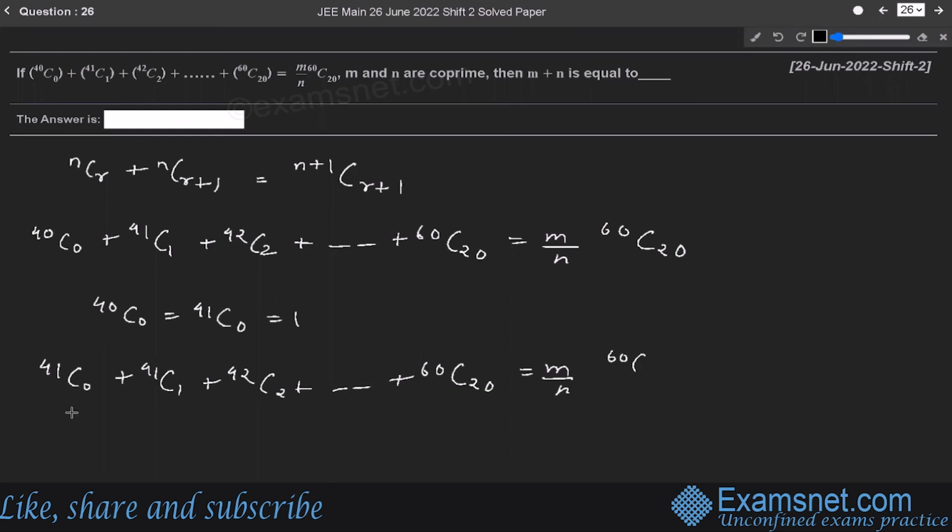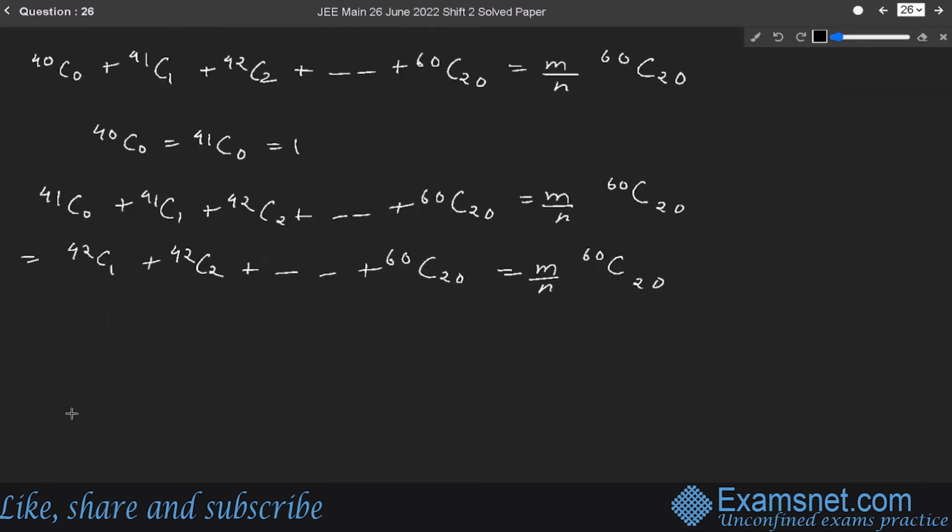So it will be equal to 42C1 plus 42C2 plus so on up to 60C20 is equal to m by n into 60C20. Again, this will be equal to 43C2 plus 43C3 plus so on plus 60C20 is equal to m by n into 60C20.